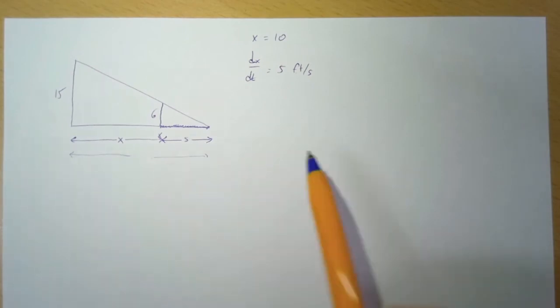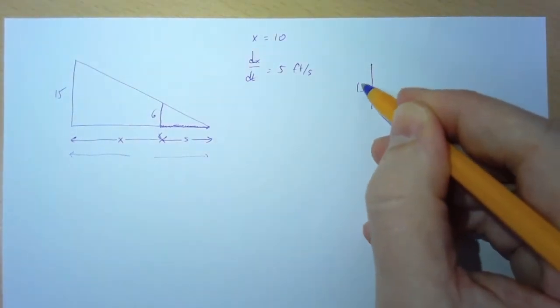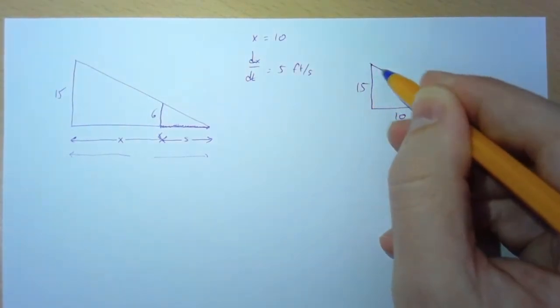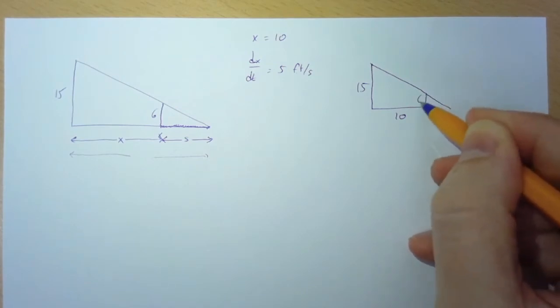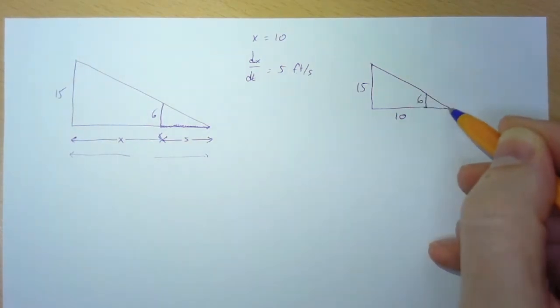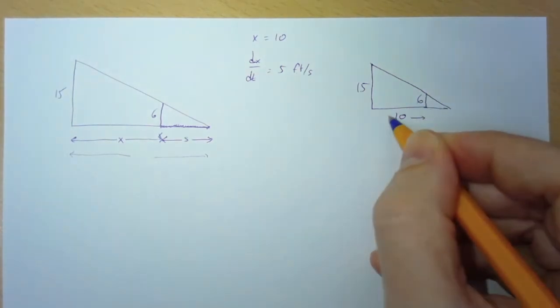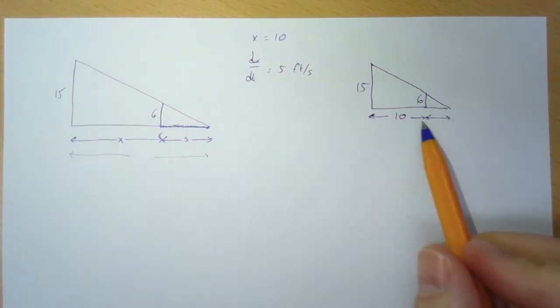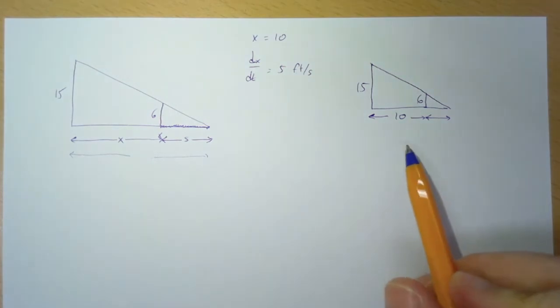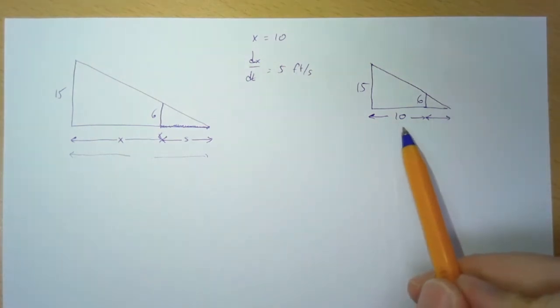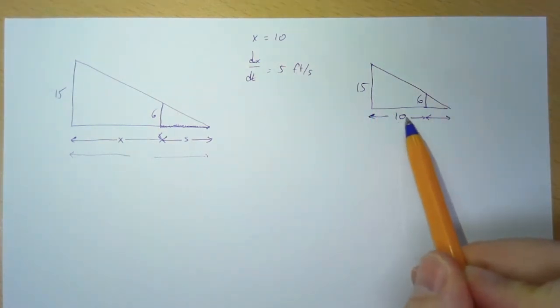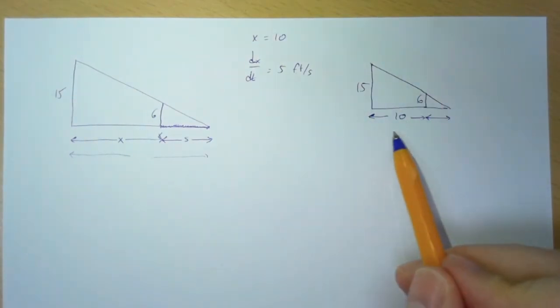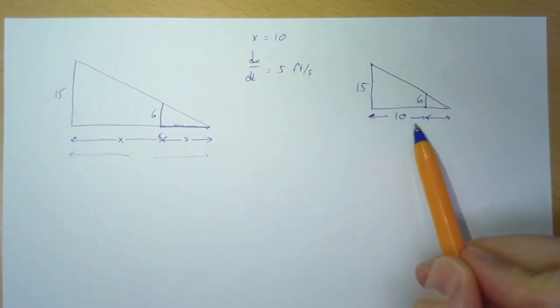If we put a 10 here, what happens is we have 15, 10, 6, and we can use similar triangles and figure out what this number is, and maybe we will need to. I'm not saying we shouldn't ever do that, but if we start by doing that, we're freezing the situation into one picture. It's a picture, it's not moving anymore.